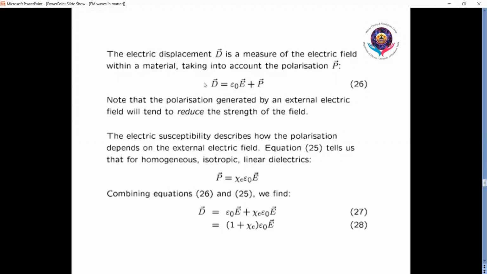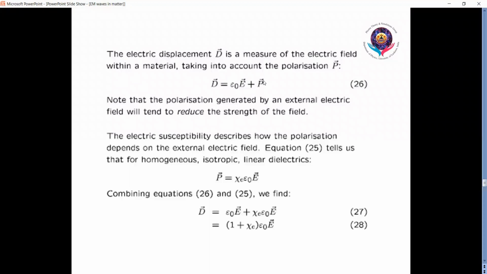The electric displacement, we have talked about the electric displacement, which constitutes the displacement current. That was a concept given by Maxwell. So the displacement vector can be defined by this equation, where this is the polarization term, and this is an additional term that is contributing to the electric displacement.